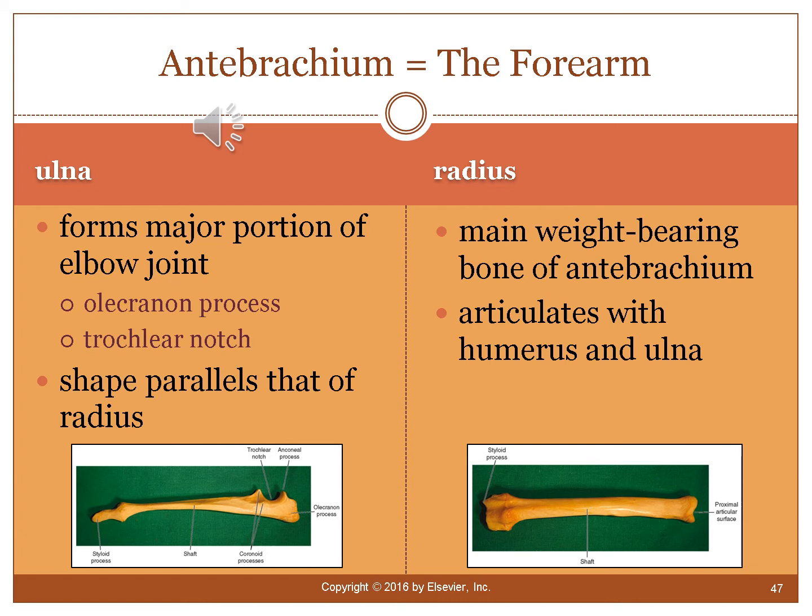On the radius, the main weight-bearing bone of the antebrachium, it articulates with the humerus and the ulna, and that's where that styloid process of the ulna would kind of fit in, I guess, with the radius. And then the proximal articular surface is where the radius would meet the humerus.